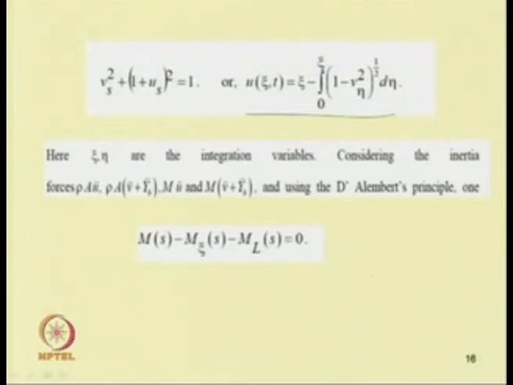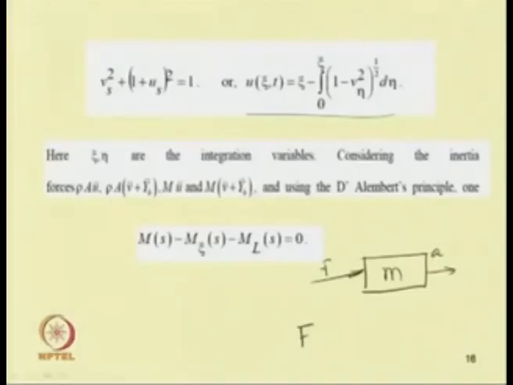To recall this D'Alembert principle, let m be the mass of the system. It is subjected to an external force F and there is acceleration A. In this case the D'Alembert principle can be written as the summation of the external forces plus the inertia forces equal to 0. Here the external force is F and the inertia force equals mass into acceleration, which acts in a direction opposite to that of acceleration.